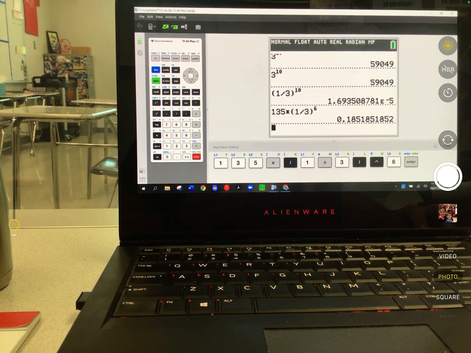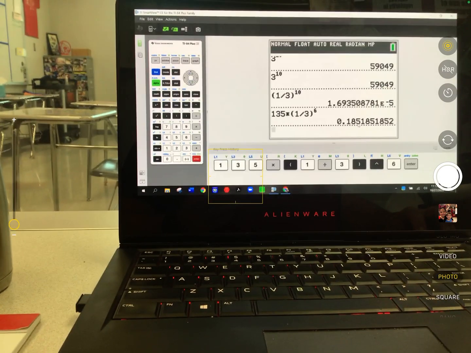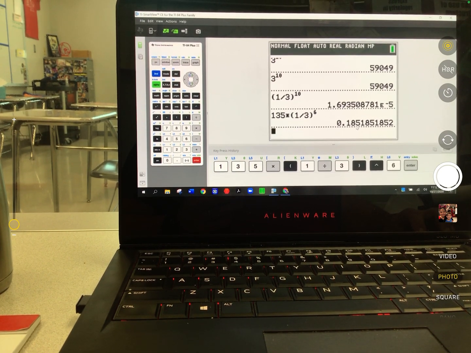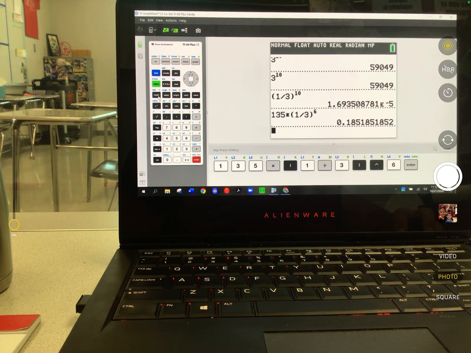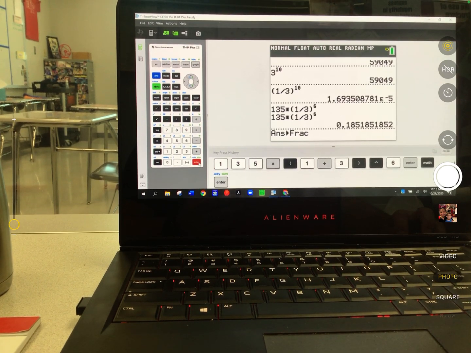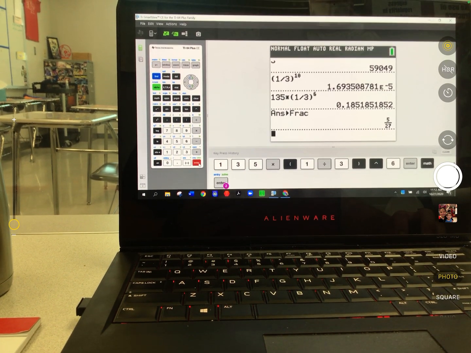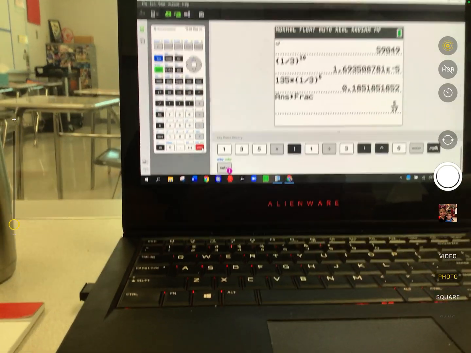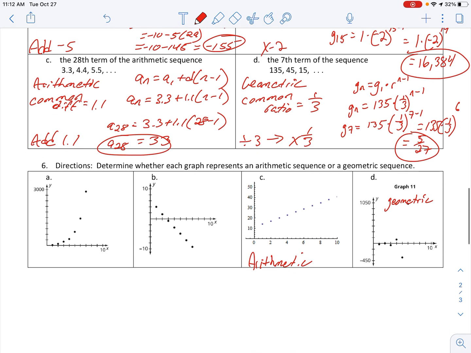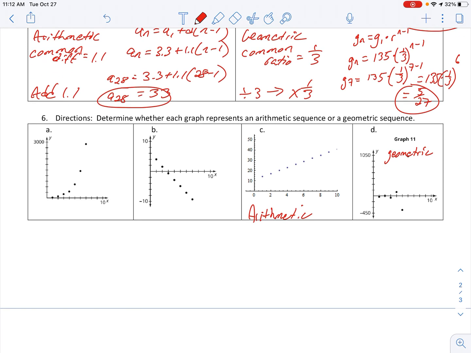I don't want to give that decimal, so I can tell my calculator to change that decimal back to a fraction. Sometimes your calculator can do it, sometimes it can't, sometimes it's just too nasty. If I hit math and then option 1, that changes the decimal to a fraction, which in this case is how I'm getting that 5/27. As you work through things, learning how to use the calculator is the other big part of that.